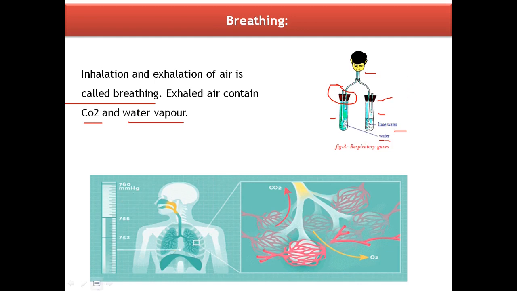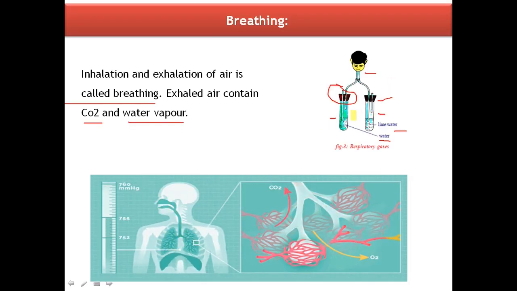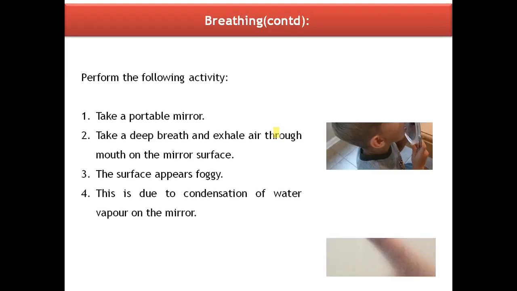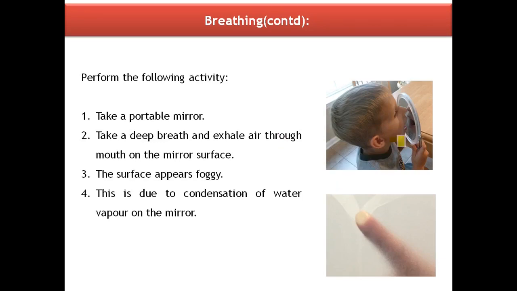We know that calcium hydroxide, that is Ca(OH)2, reacts with carbon dioxide and forms a precipitate, that is calcium carbonate, CaCO3. We can also observe the fog, that is nothing but water vapor, in the second test tube. And the presence of water vapor we can prove in another way also: take a portable mirror and exhale air forcibly on the surface of the mirror.